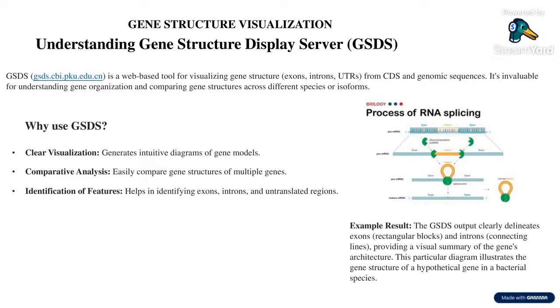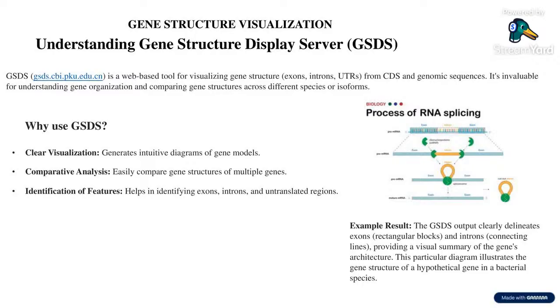It is used to generate a visual representation of gene structure, particularly the arrangement of exons, introns, and UTRs, untranslated regions. Like MEGA 11 or iTOL, which deal with the evolutionary relationship, GSDS helps us to visualize how a gene is organized within the genome.